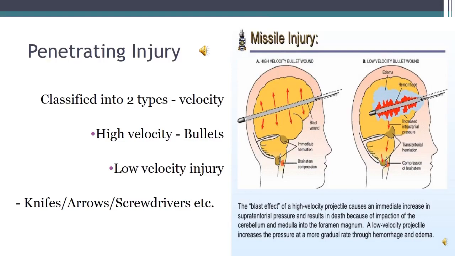The blast effect of a high velocity projectile causes an immediate increase in the supratentorial pressure and results in death because of impaction of the cerebellum and medulla into the foramen magnum, while a low velocity projectile increases the pressure at a more gradual rate through hemorrhage and the development of cerebral edema. So the low velocity injury carries a slightly better prognosis, and there is time to manage the complications that accompany low velocity projectile injury.